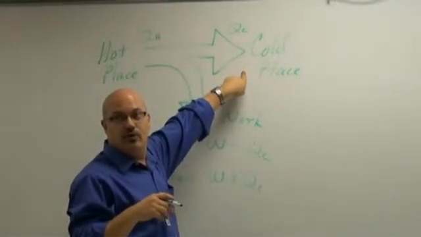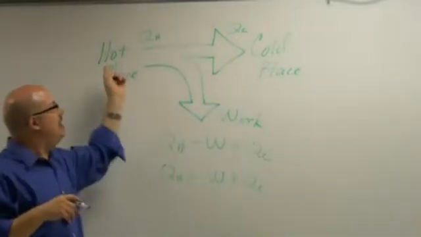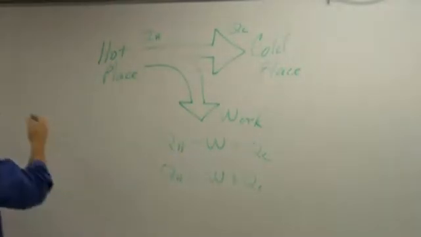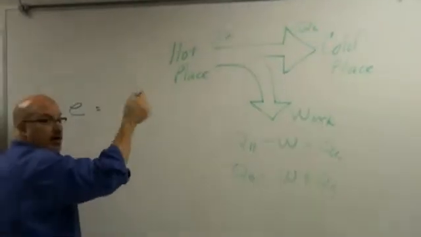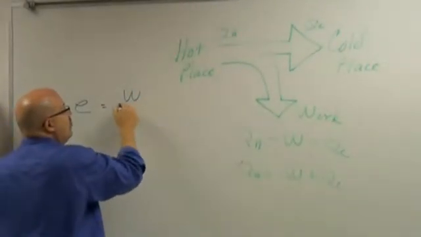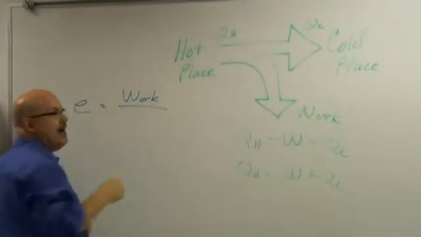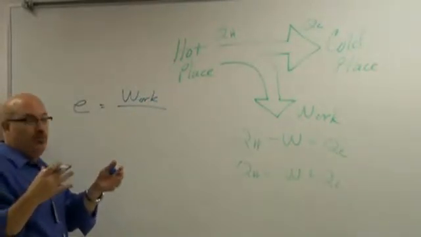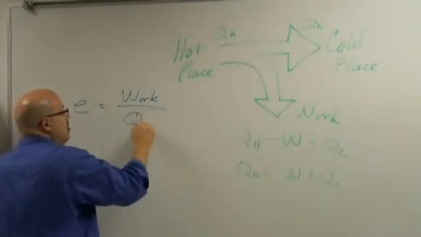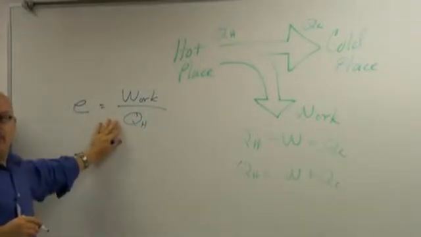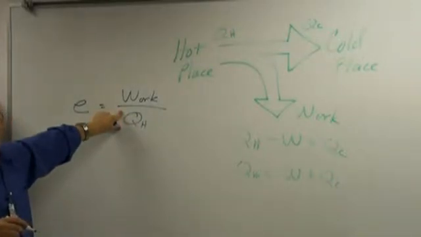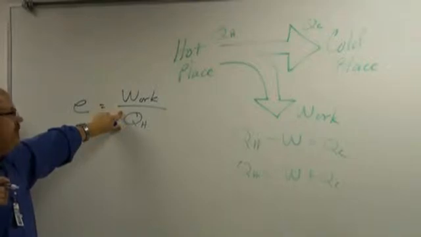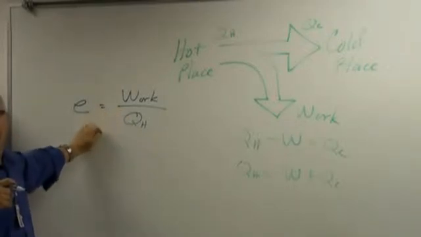So that'll be useful. But is this a 100% efficient machine? No. Okay, efficiency is equal to what you want, the useful stuff that comes out, which is work, divided by the energy you began with, which for us would be QH. That's our efficiency: the useful stuff that we get out divided by the total amount of energy we began with. This is going to turn out to be a fraction, a number less than 1.